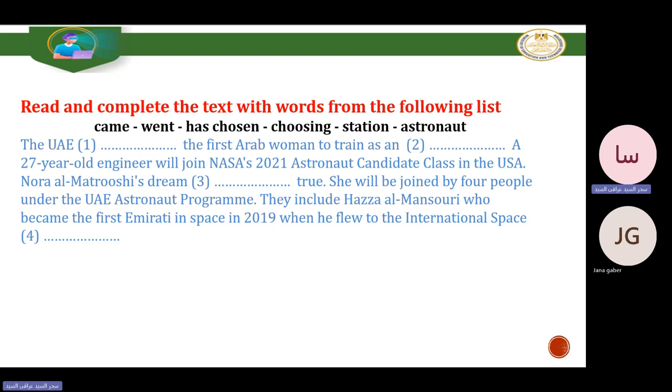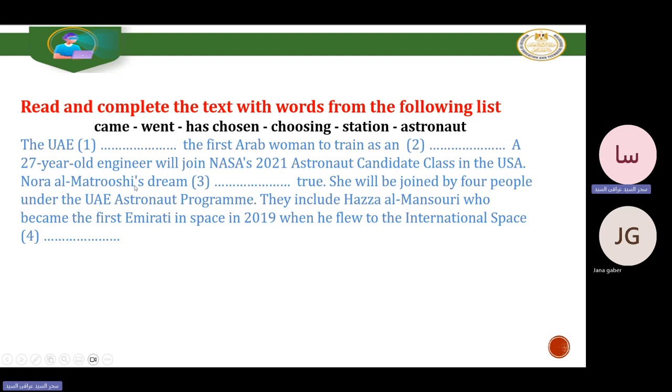Okay, now we are going to practice. Read and complete the text with words from the following list: came, went, has chosen, choosing, station, and astronaut. The UAE has chosen the first Arab woman to train as an astronaut. A 27-year-old engineer will join NASA's 2021 astronaut candidate class in the USA.